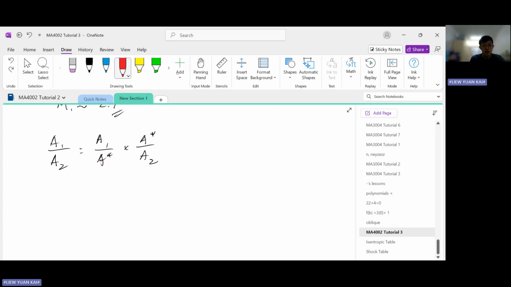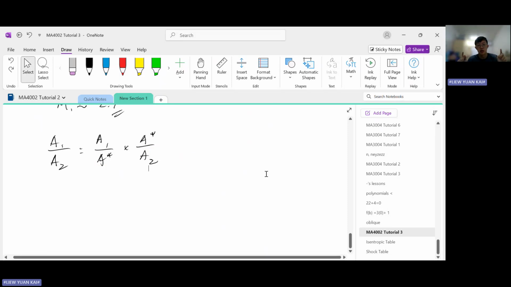From the point of fluid dynamics, why is this necessarily equal? It's because point 1 and point 2 are two points on the same isentropic flow, and two points on the same isentropic flow share the same critical area. That's why this value is necessarily equal to this value, and they can cancel.